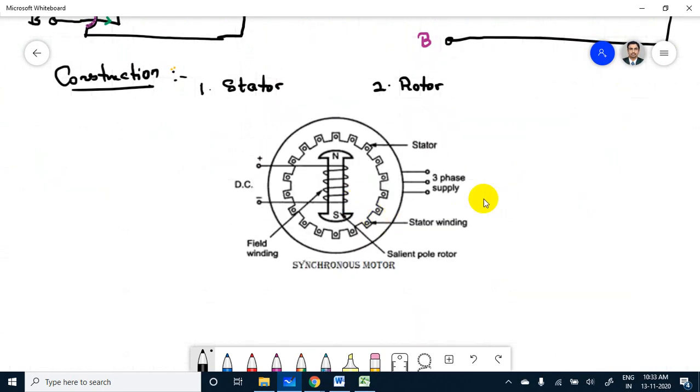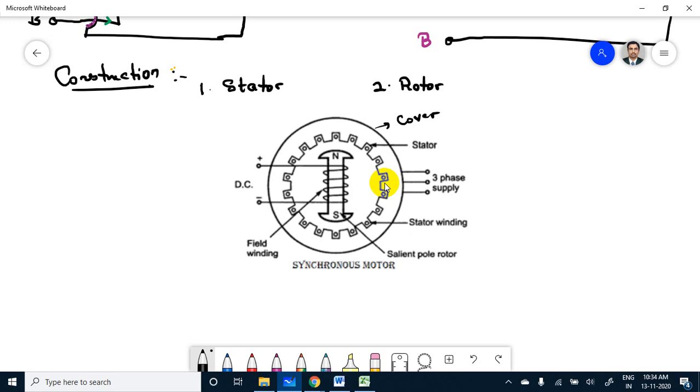So this diagram is the construction diagram of a synchronous motor. The synchronous motor construction is just similar to the alternator as well as the DC machine. This big circle, call it a, is the protection cover for the machine. Inside there will be a stator.